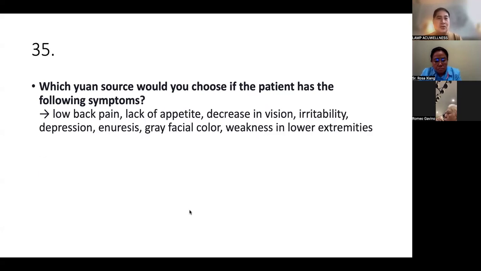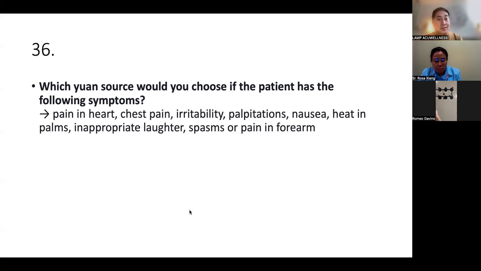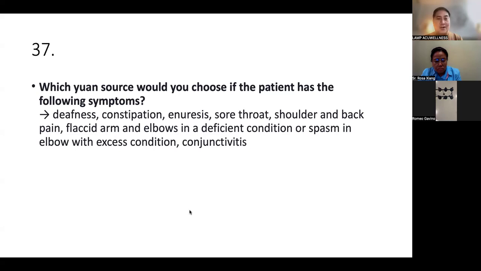Which Yuan-Source would you use if the patient has low back pain? Kidney 3. Chest pain, emotional issues: Pericardium 7. Great. Deafness, constipation, conjunctivitis: Sanjiao 4.